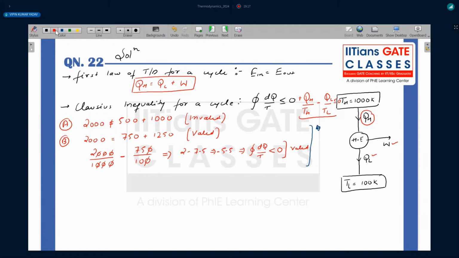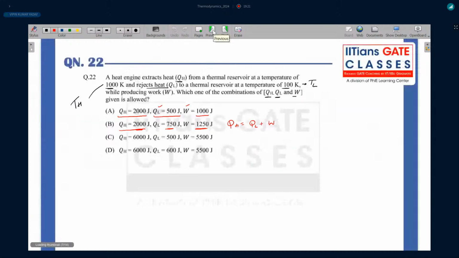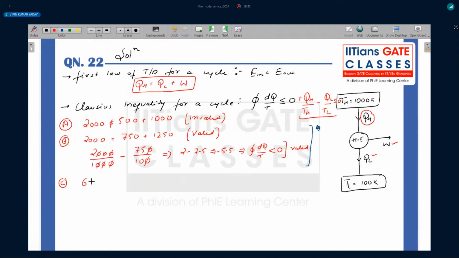Let us see option C as well. 6000 is equal to 500 plus 5500. That is correct, so our first law is valid.